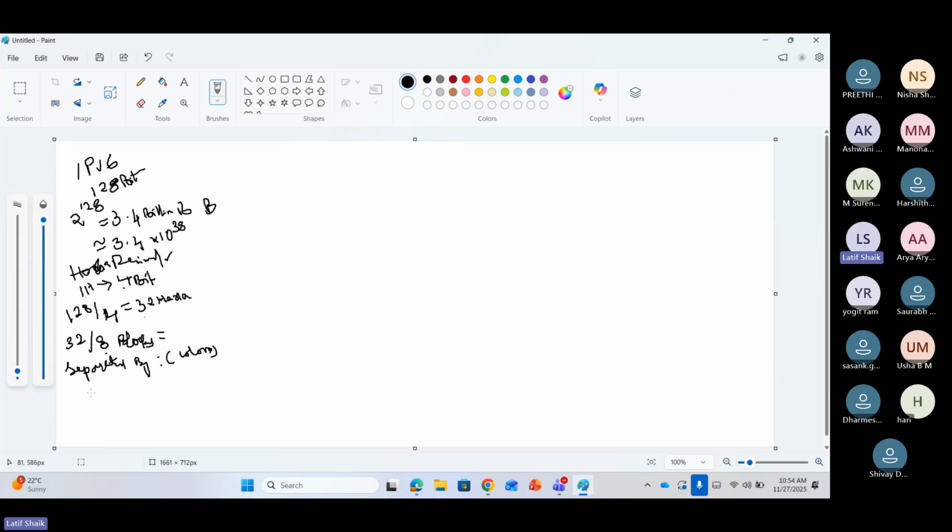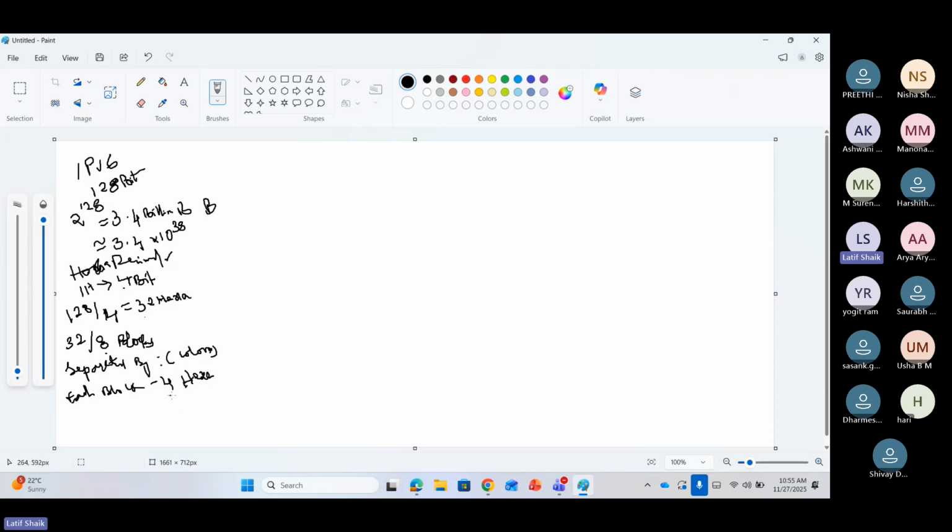Each block contains 4 hexa numbers. So how many blocks are in IPv6? 8 blocks.